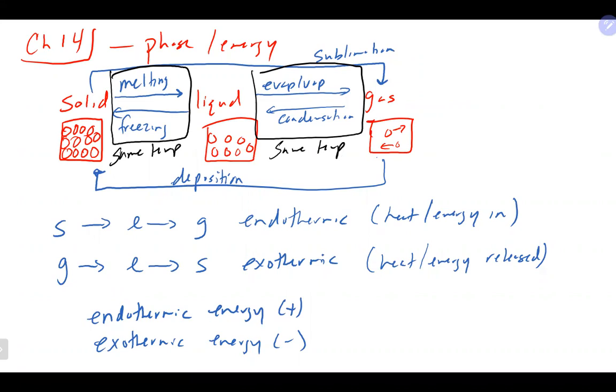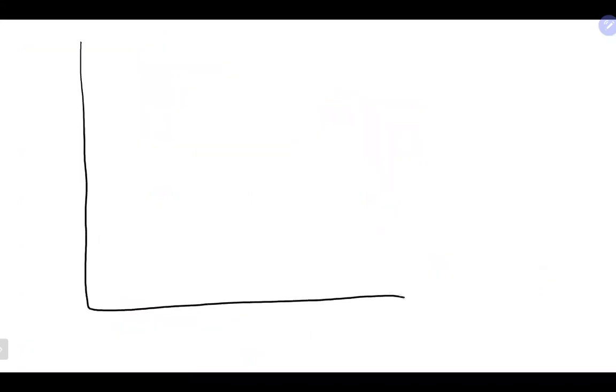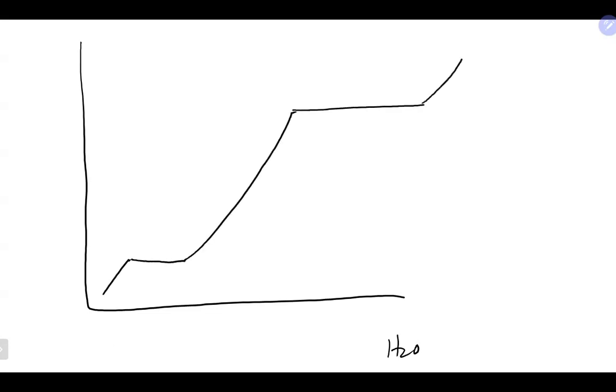So when we have changes in transitions, if we look at something like water here, we have something like this. Down here is ice, this would be liquid water, and this would be steam, which is obviously the gas version of water.